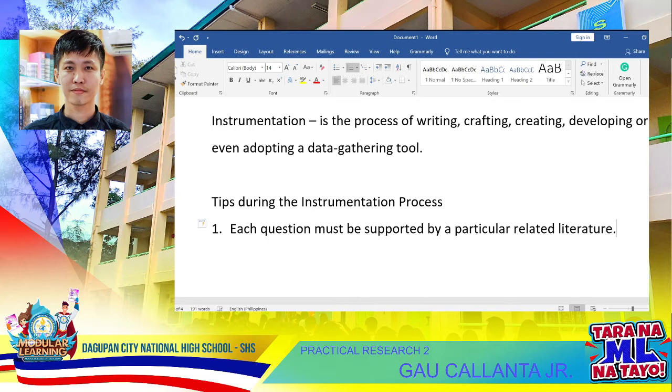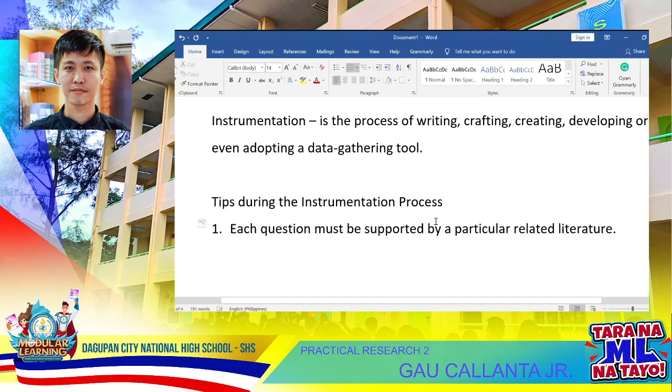Each question must be supported by a particular related literature. You do not just write a question because you think it must be there, you feel it must be there. No, there must be a particular literature that is supporting your claim why such question is necessary to be included in your research questionnaire. It must have a basis.